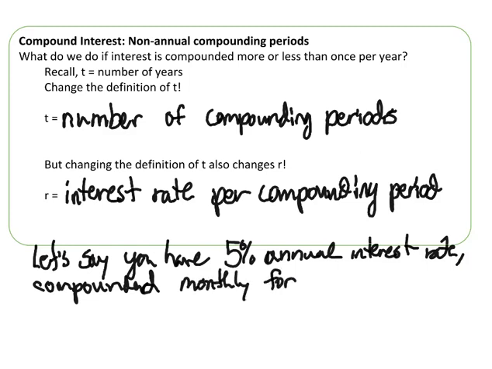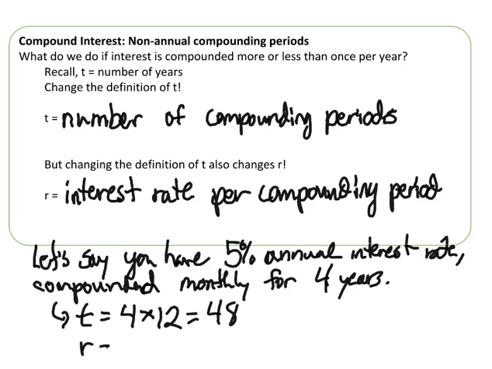Maybe for, let's say, 4 years. Right, so then T in that case is not going to be 4 years. It's how many compounding periods there are. And this is compounded monthly, so that's 12 times per year for 4 years. So T is actually going to be 4 times 12. So the total number of compounding periods here is actually 48.